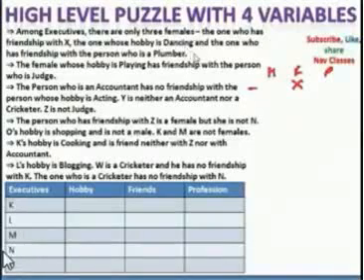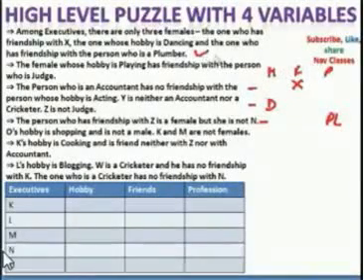There is one female whose friend is X. Then there is a female whose hobby is dancing, so I write negative and dancing. And there is one whose friend is the plumber, so I write plumber.